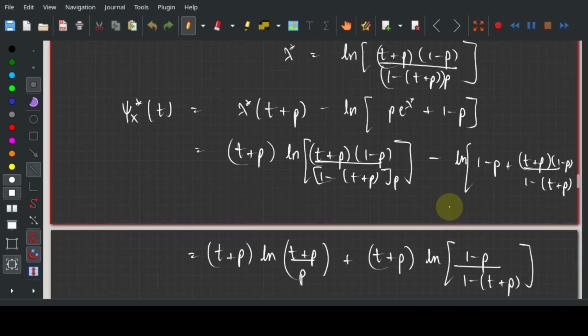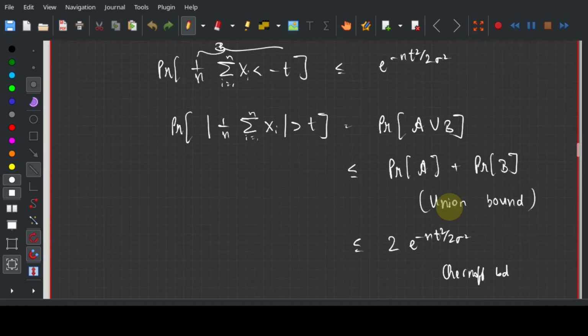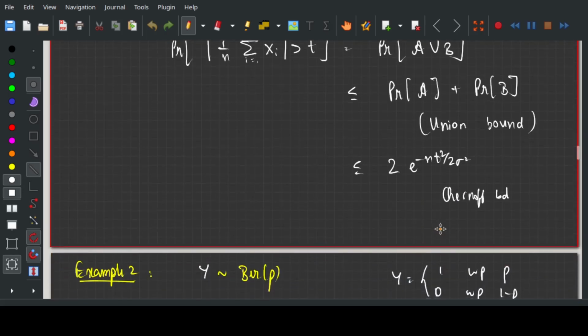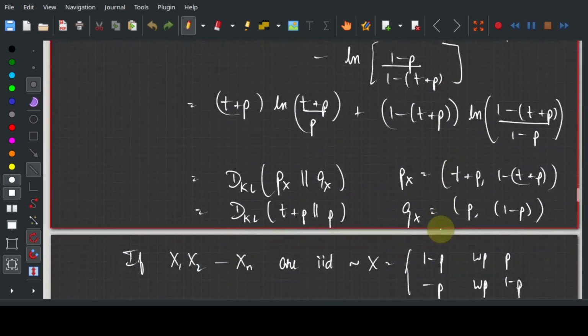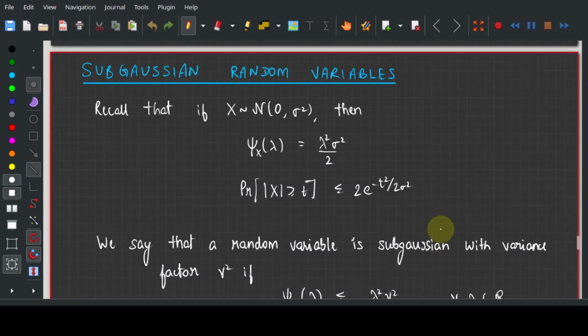And similarly for the Gaussian, this is less than or equal to 2 e to the minus some constant times t square. Correct? So this corresponds to a class of random variables, what we call sub-Gaussian random variables. Both of them happen to belong to the same family.